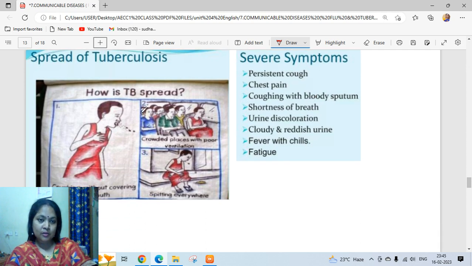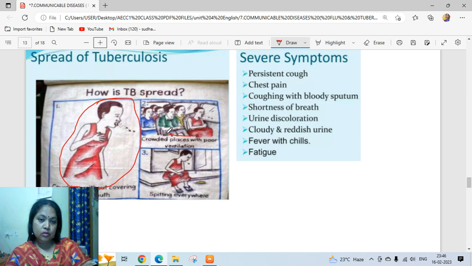Then look at how TB is spread. Coughing without covering the mouth: this person is coughing and spitting, and he has not covered his mouth, hence the droplets coming from his mouth move through the air.